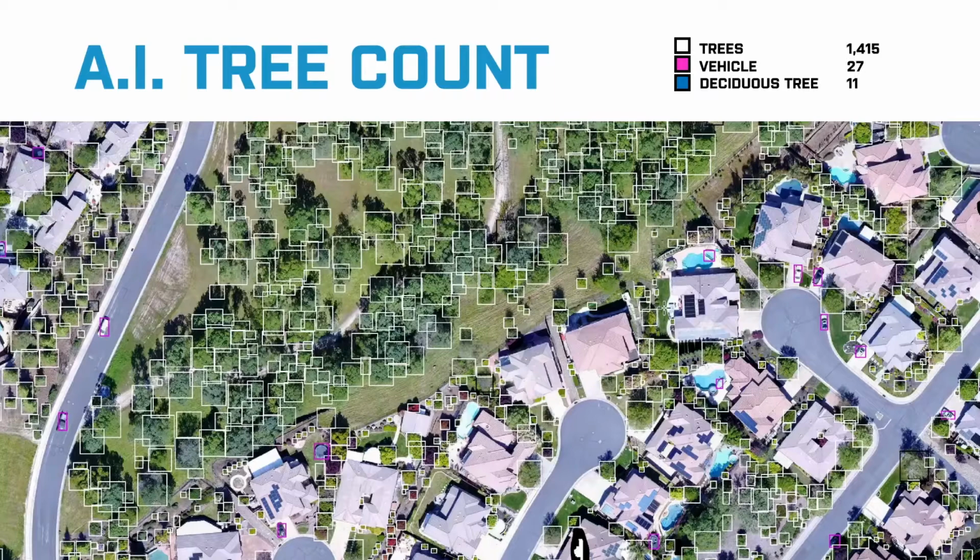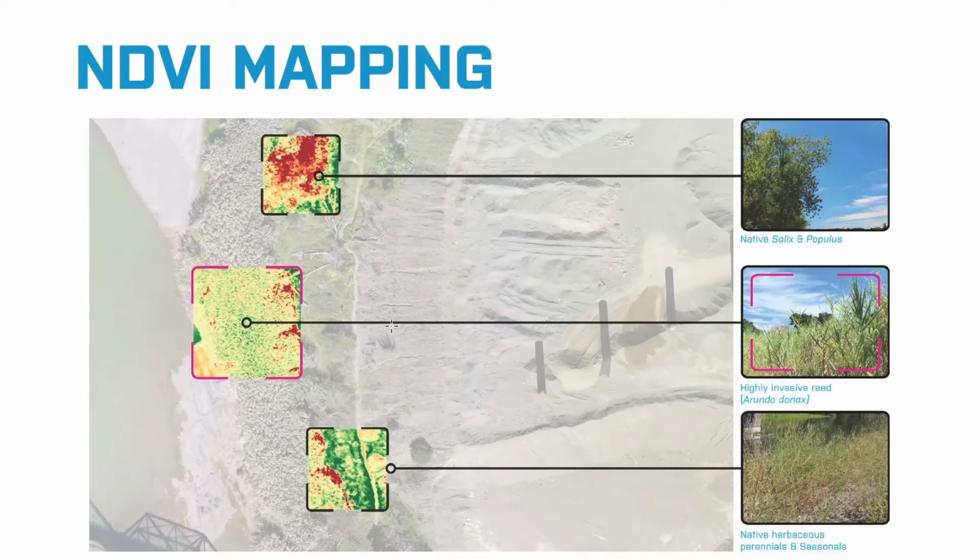It's in development now, and I used it on a site, and I was able to count in this area roughly 1,400 trees, and there's 11 deciduous. So in this example, you'd be able to pick out where these dead trees are, maybe remove them, replace them, and then you can maybe find infestations, stuff like that. So this is a really useful tool, and it's exciting to see what the future holds for artificial intelligence, especially in our field.